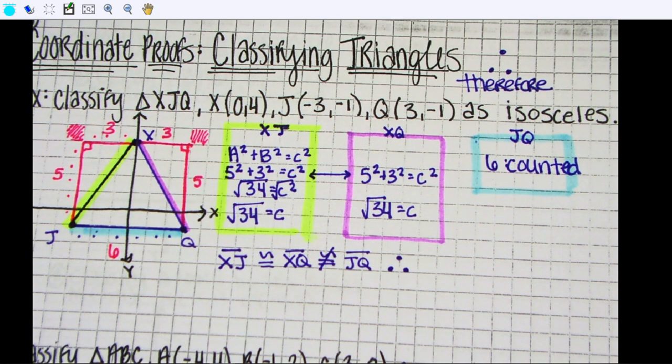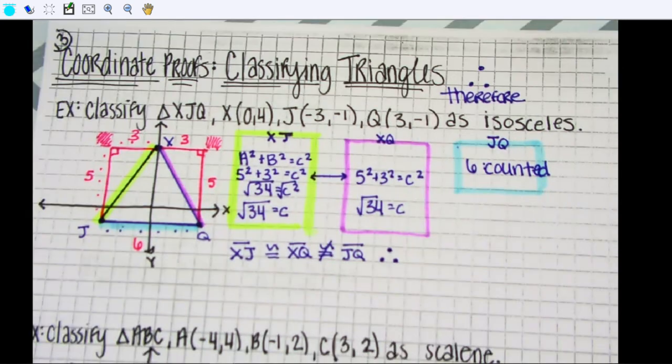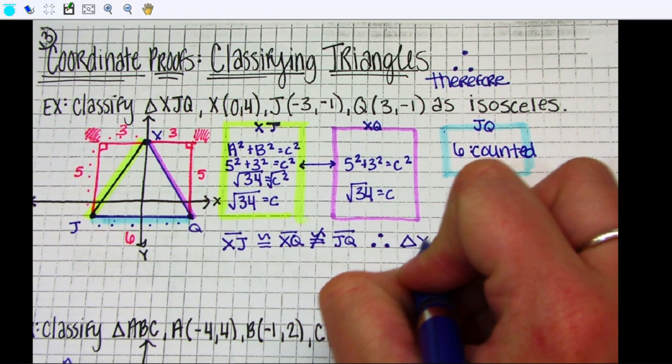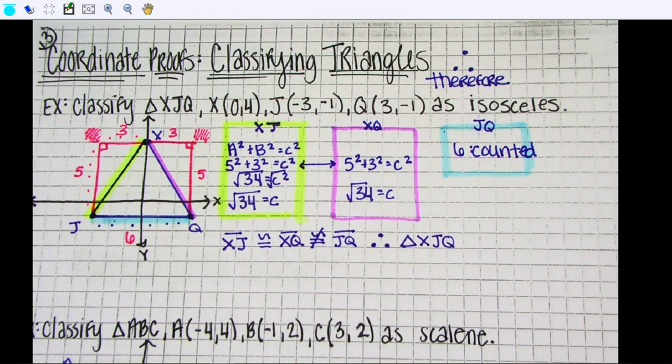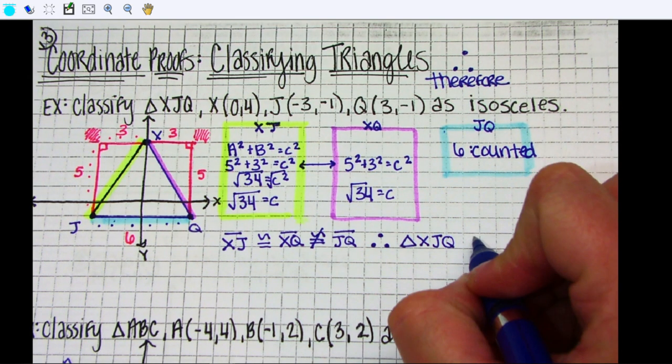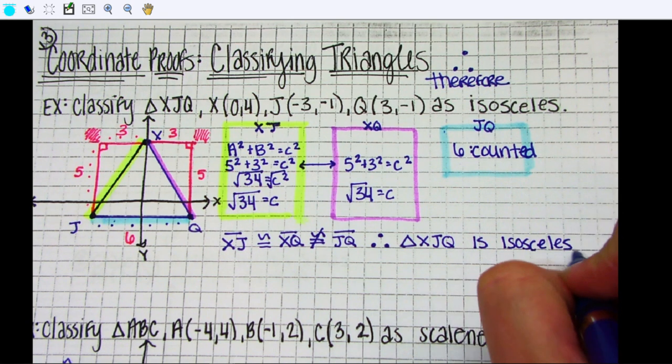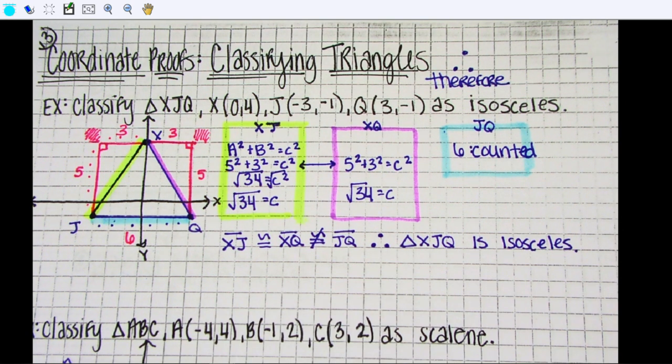So XJ is congruent to XQ, but not congruent to JQ, which means we've got 2 congruent side lengths. Therefore, triangle XJQ, or however you want to name it, is isosceles. That one little sentence is all you need to do.